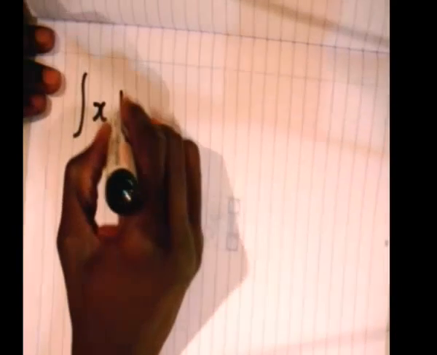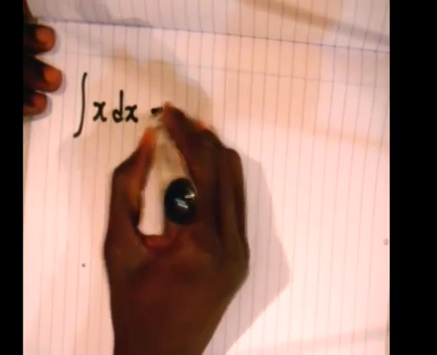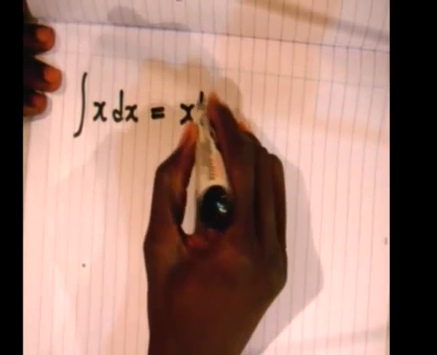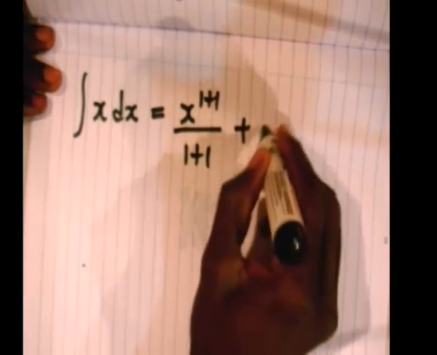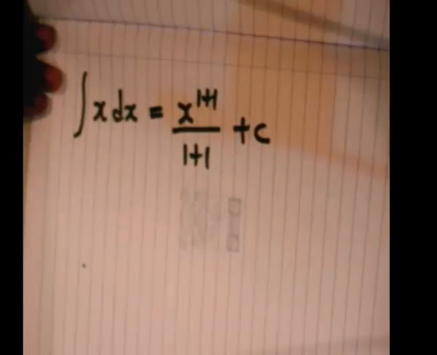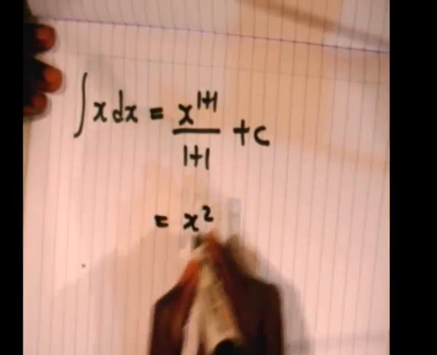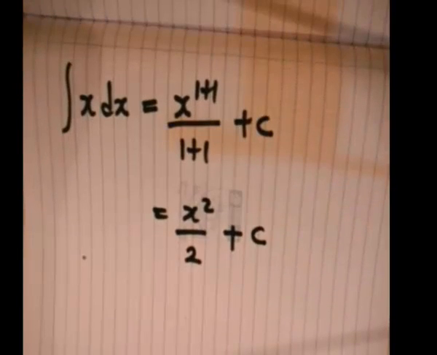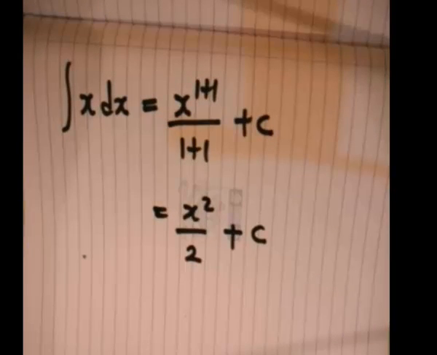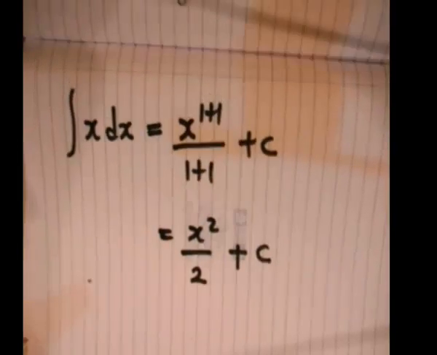If you integrate x dx, it gives us x to the power 1 plus 1 over 1 plus 1 plus c. From basic tutorials, you can get this. This is x squared on 2 plus c. So when you integrate y dy, you're going to have y squared on 2, which is taken. And let's continue with the question.